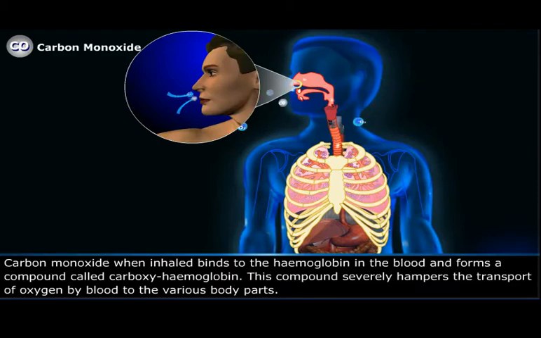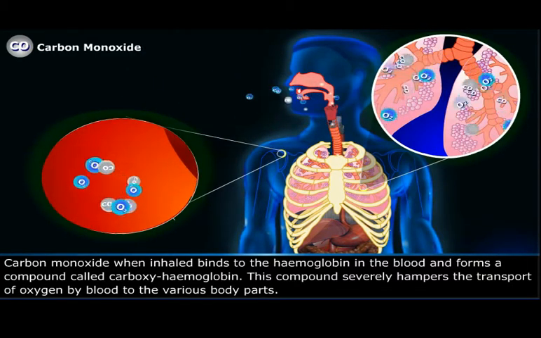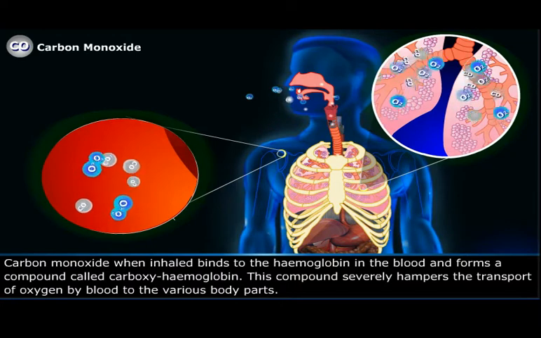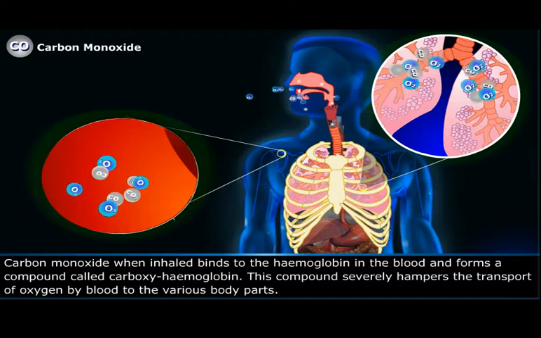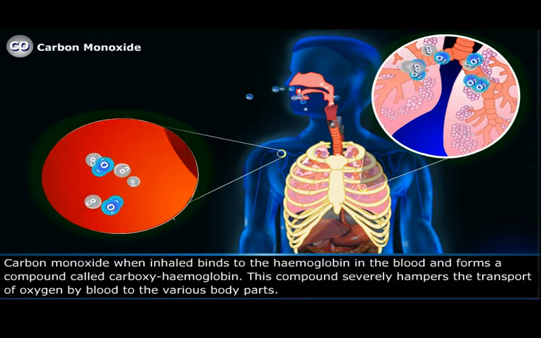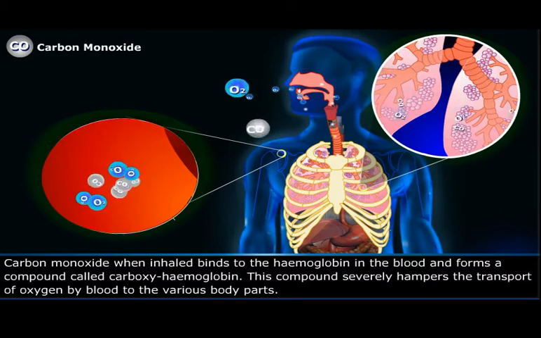Now that we've learned about the air pollutants, let us learn about the adverse effects that these pollutants have on us. Carbon monoxide, when inhaled, binds to the hemoglobin in the blood and forms a compound called carboxyhemoglobin.